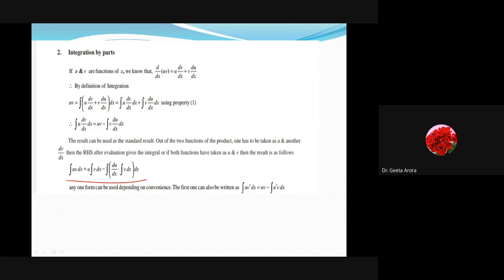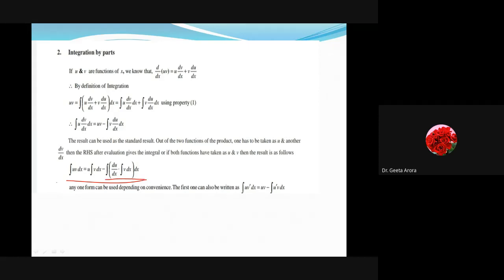And what is the integral of uv? First function into integration of second. This is how we used to learn. Correct? Because it is never easy to go for u and v terms directly. So if we have to find the integral of a product uv, it is first function into integration of second minus differentiation of first into integration of second, and then whole integration.